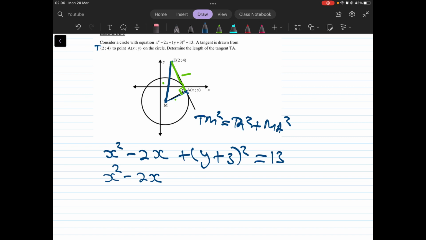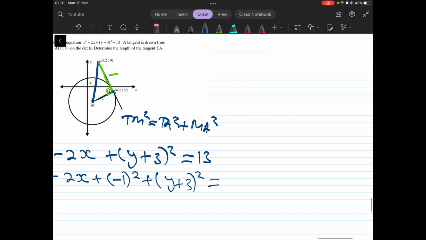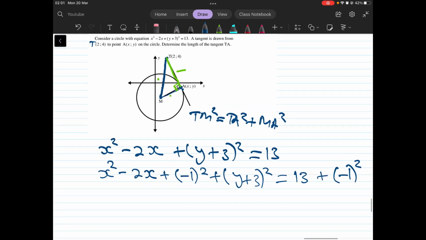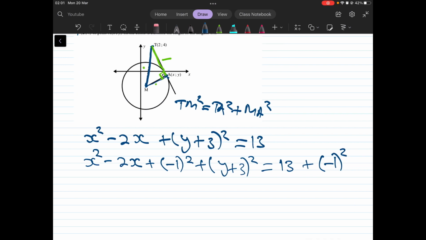We divide the coefficient of x, which is -2, by 2, and we have -1. We square that and add it on both sides. The y part of this equation is already okay, so we just copy it as it is, and this -1 squared we add to the other side as well.